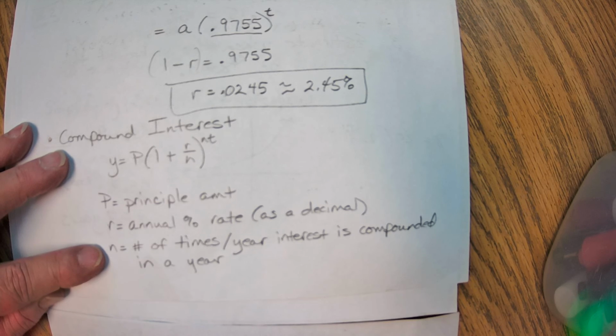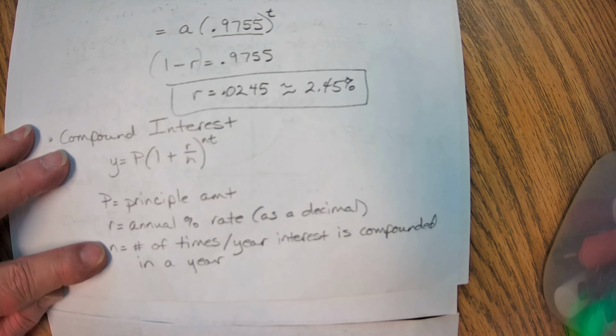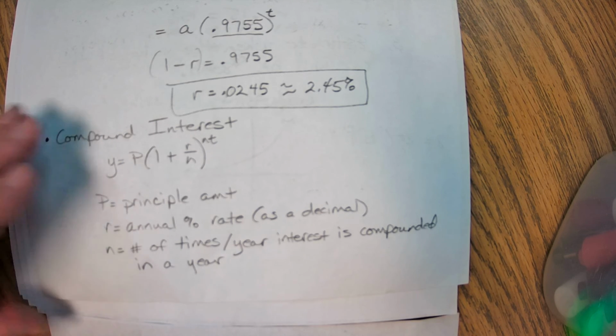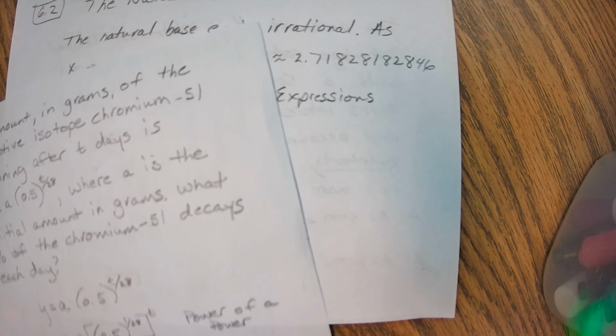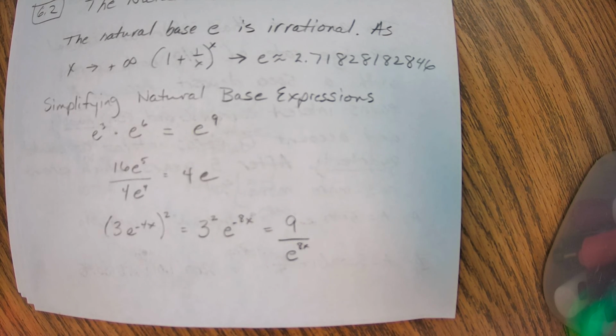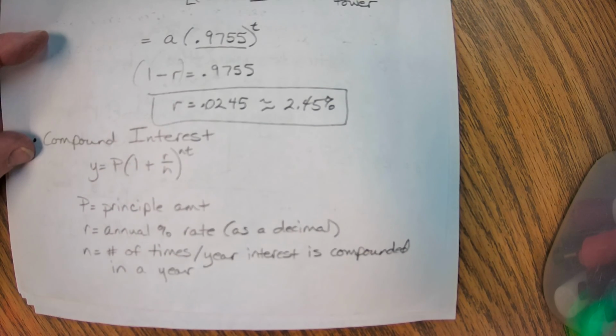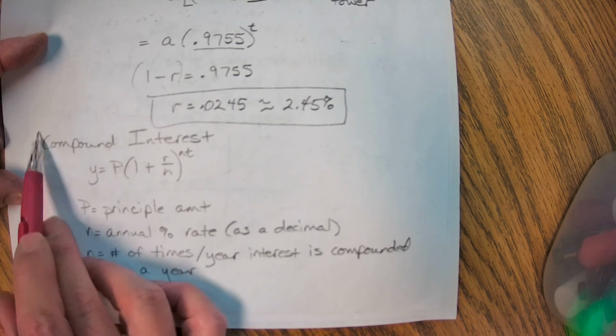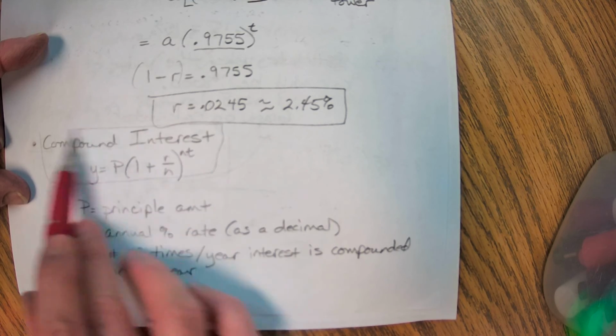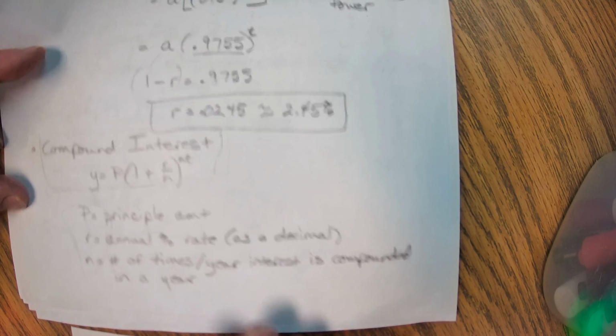N is the number of times your interest is compounded in a year. So if they say it's compounded quarterly, then N would be 4. That's a more common amount. So make sure you have this in your notes and what they all stand for.